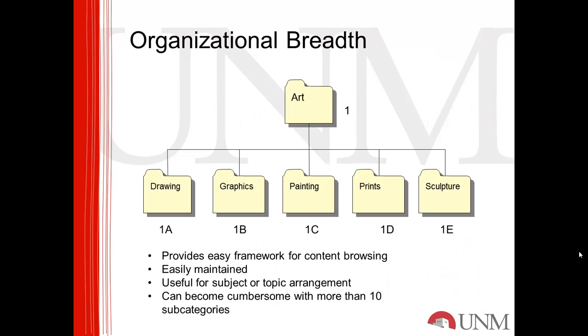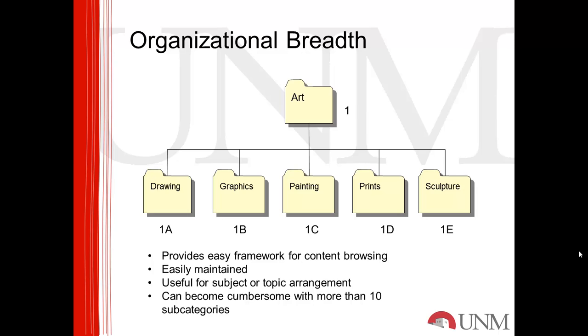When we have a broad organizational structure, this is actually good for browsing subject topics in a directory structure. It's not so good for other types of hierarchically maintained information.